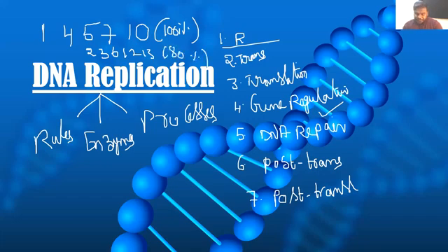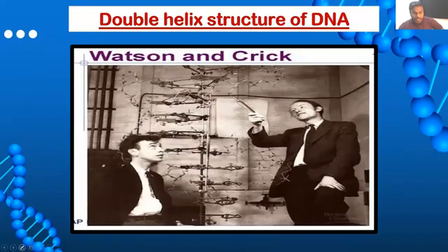So in replication, we have to read rules, enzymes, and ultimately the processes. Once the chapter gets finished, immediately we'll solve all the practice questions from all the years, especially till 2016, not more than that, from 2022.